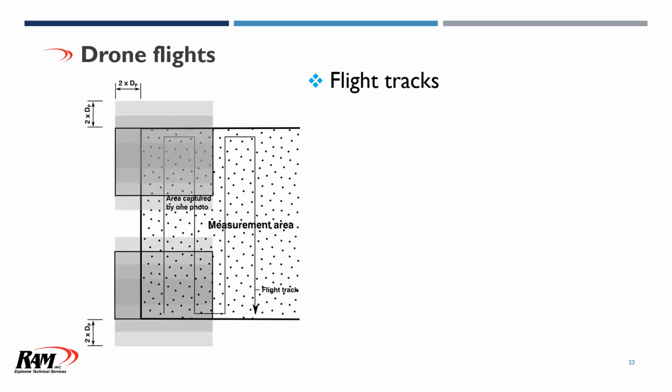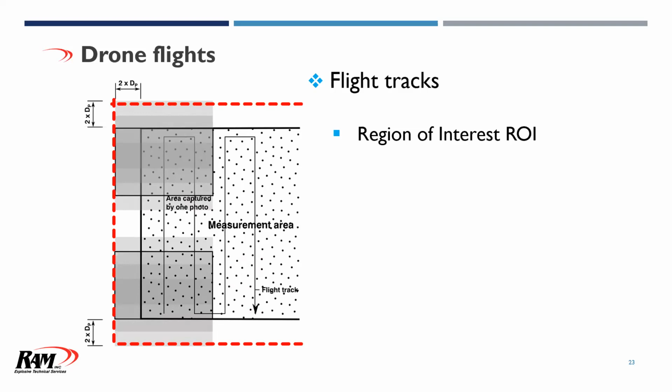One of the first things we want to look at is our flight track. In this particular case, what we're looking at is what we call our ROI, our region of interest. You can see here the boreholes, and the black line around it, which delineates where the end of the shot is. We need about an 80 to 90% overlap, which may require us to fly outside that zone as we make our turns and come back to capture it.